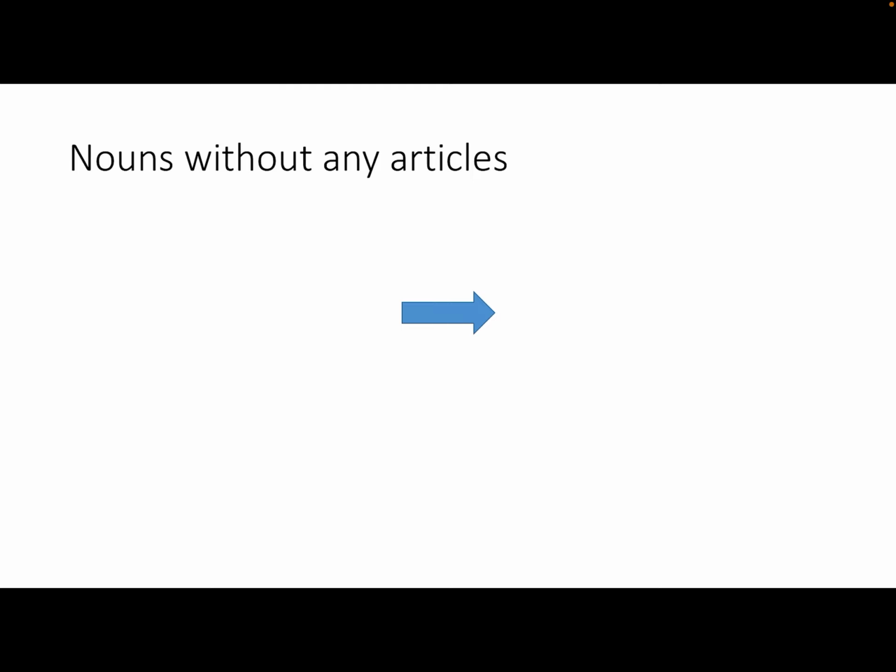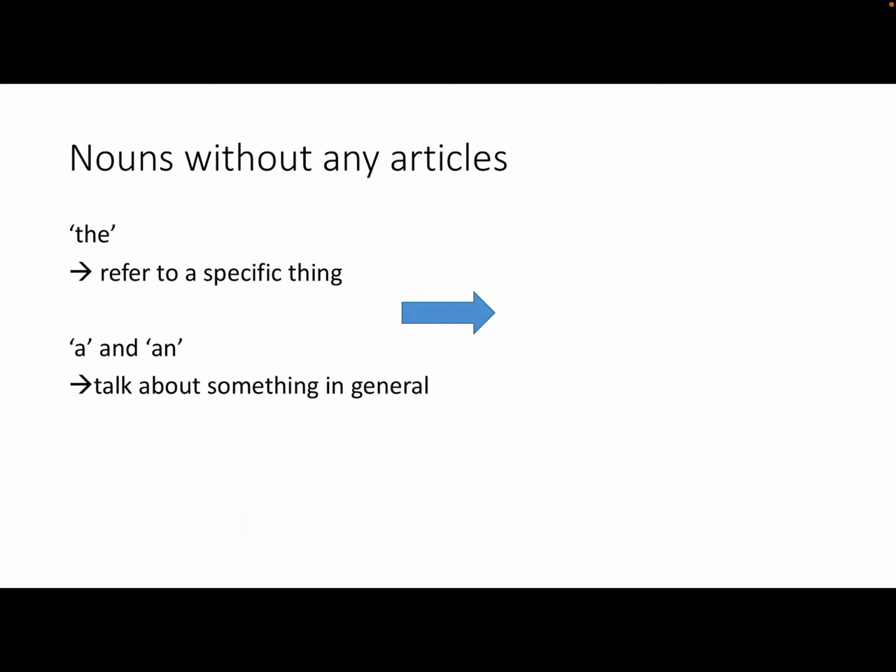However, sometimes we can see some nouns without any articles. So when can we skip the articles? As I have just mentioned, the definite article the is used when we want to refer to a specific thing. And the indefinite articles a and an are used when we talk about something in general and the noun is singular and countable.